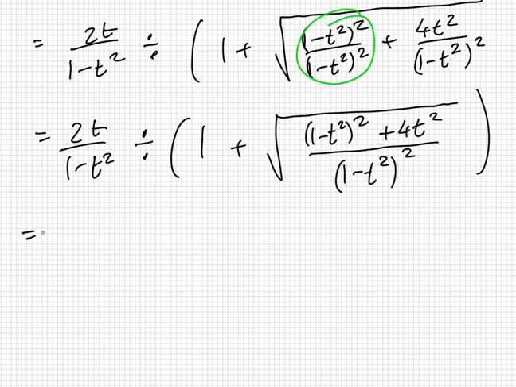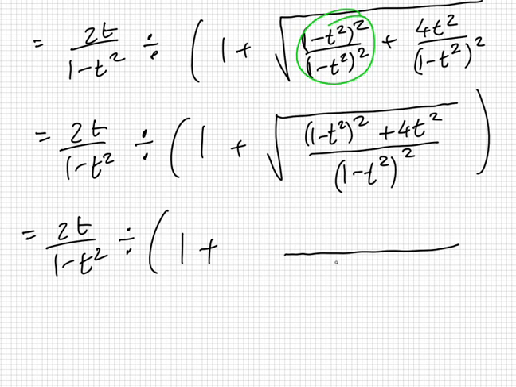So let me open up the top. What's nice is the square root and the square cancel in the denominator, so at least that's 1 minus t squared by itself. And if I expand the top, I'll get t to the 4 minus 2t squared plus 1 plus 4t squared.